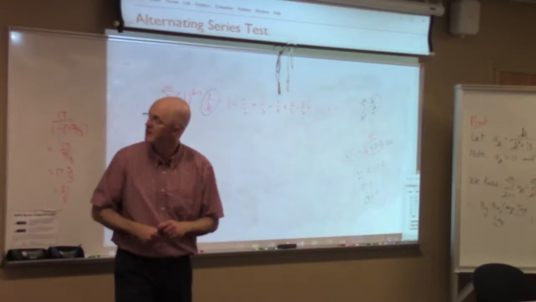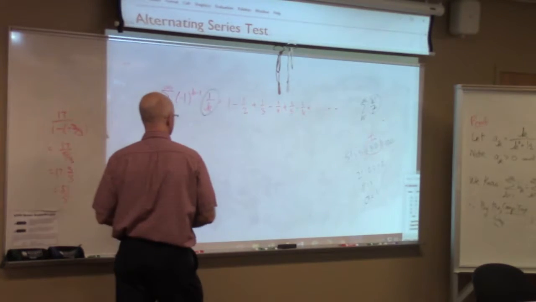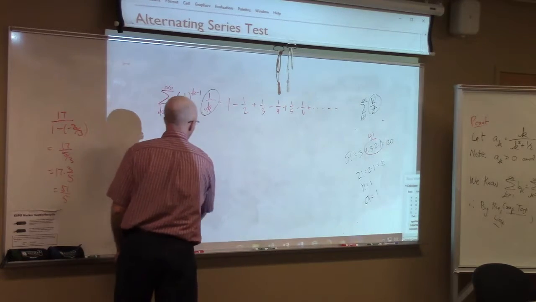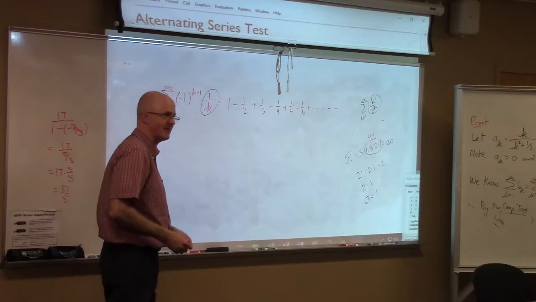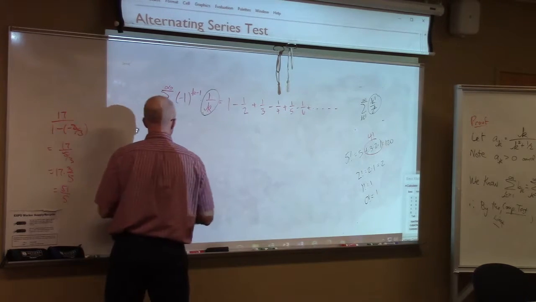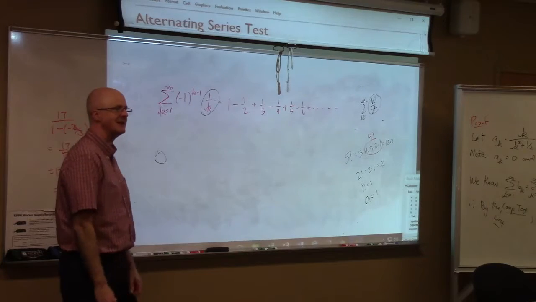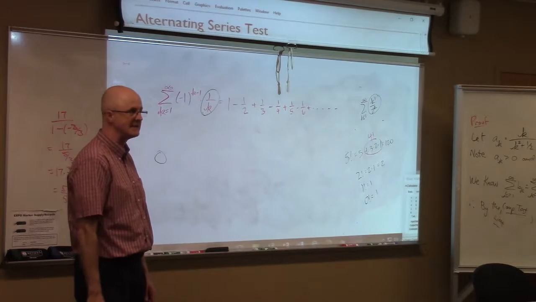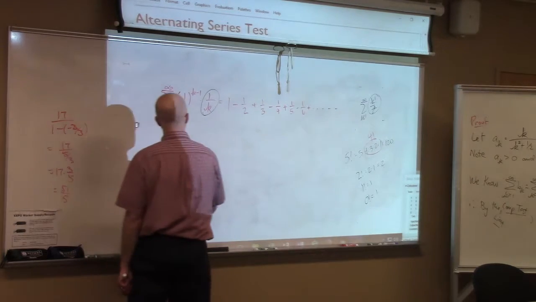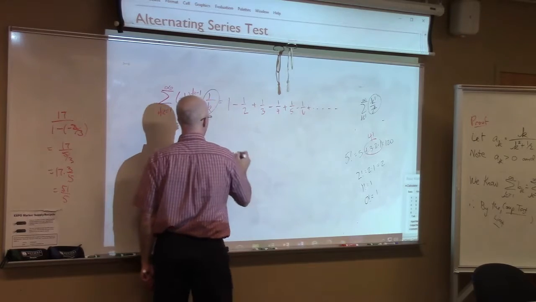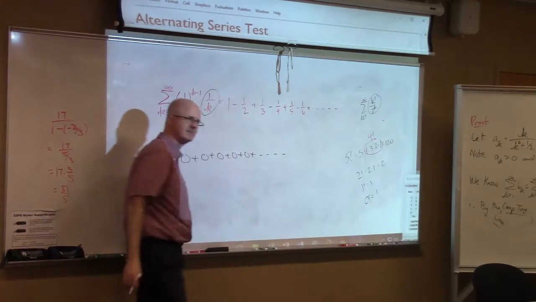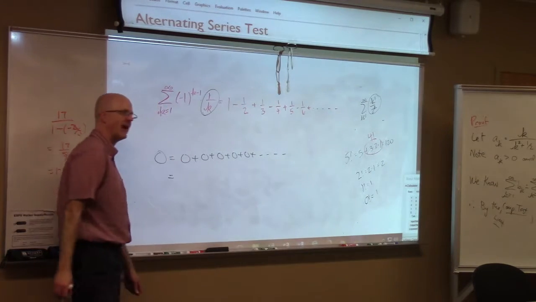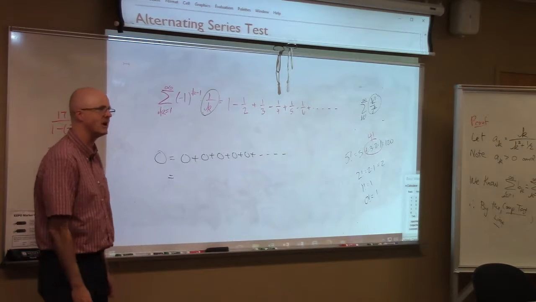Let me end class by showing you, I think I'm not going to talk about absolute convergence here, although I sort of did already. Let me show you something weird that can come about if you're not careful with infinite series. 0 does equal, I hope you would agree, 0 plus 0 plus 0 plus 0 plus 0, etc. forever. Hope nobody argues with that. And 0, I hope everybody agrees, is the same as 1 minus 1.